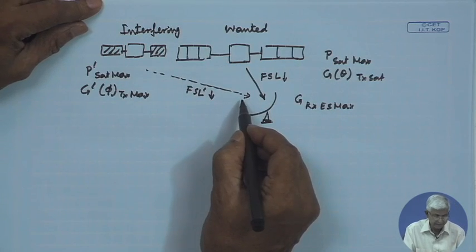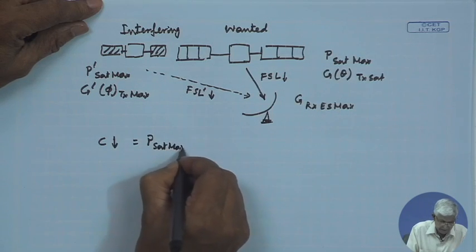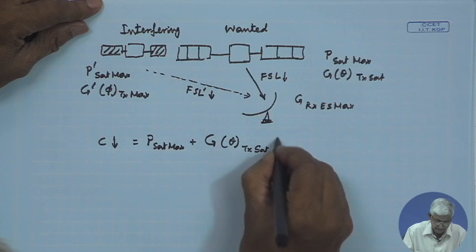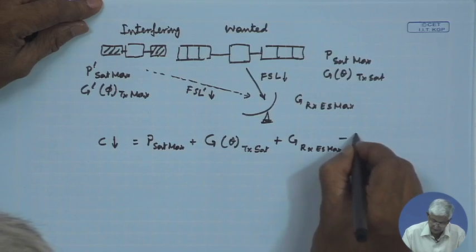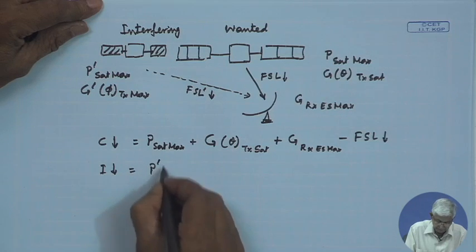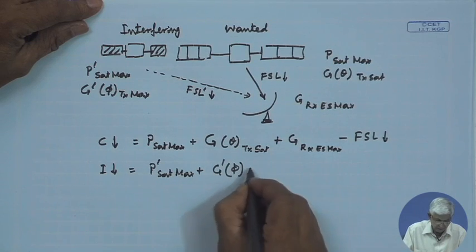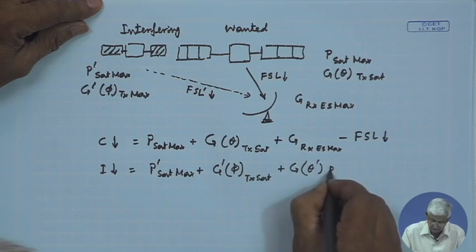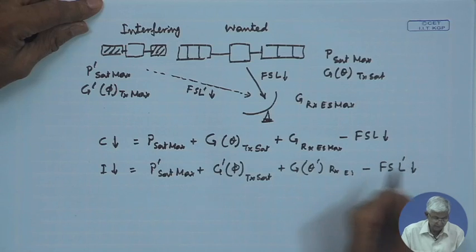So, wanted link, interfering link. So, C downlink is P satellite max plus G theta transmit from the satellite plus G receive of station max pointed minus FSL downlink, and interfering power I is equal to P dash satellite max plus G dash phi transmit satellite plus G theta dash receive at station minus FSL prime.